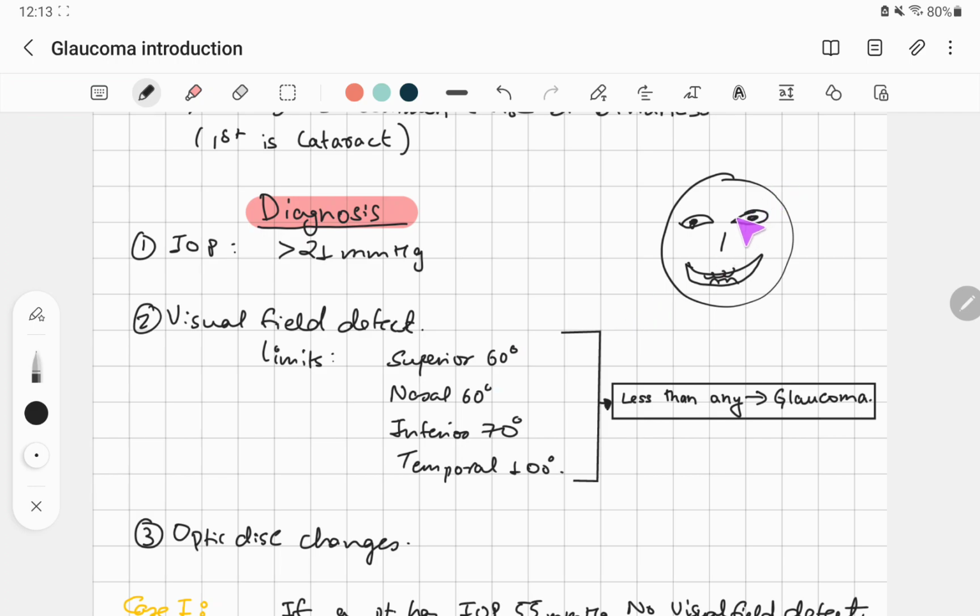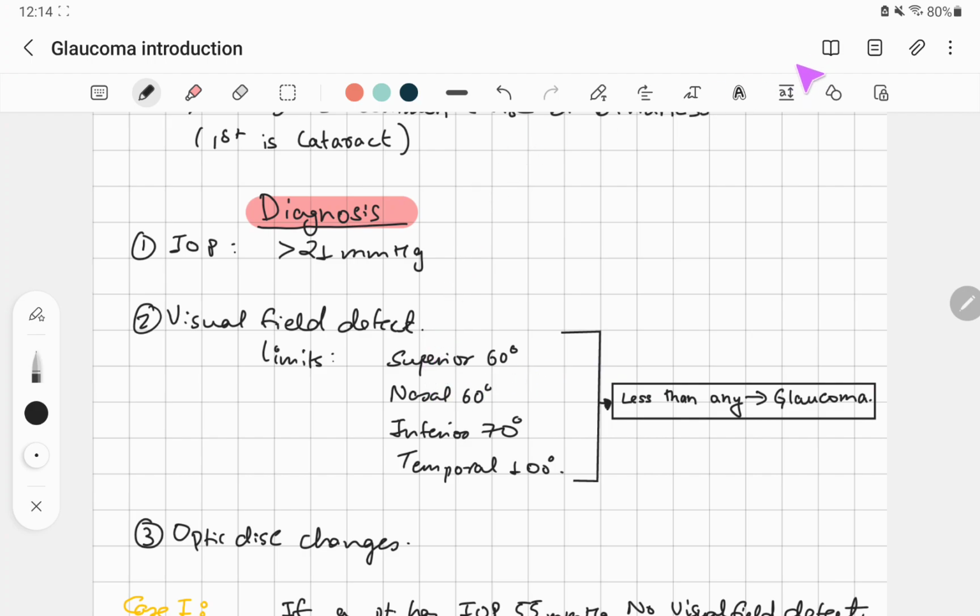In the superior part, this person should see up to 60 degrees. If he sees less than 60 degrees in the superior visual field, or in the nasal side less than 60 degrees, or in the inferior less than 70 degrees, or in the temporal less than 100 degrees, then it is also a glaucoma visual field defect.